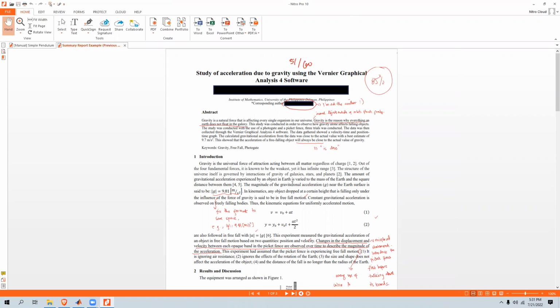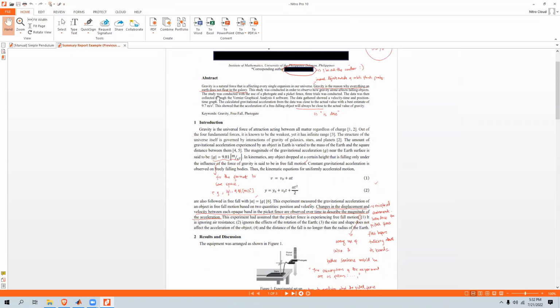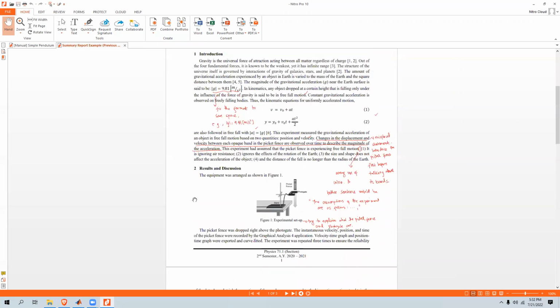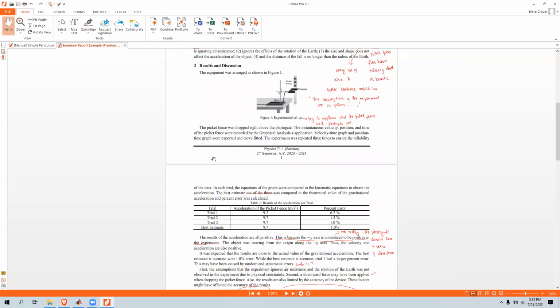So it is in paragraph form. So you have a standard introduction, you have an abstract, you have your results and discussion, and the questions are not just answered, but they are incorporated in a way that you have an actual discussion occurring.